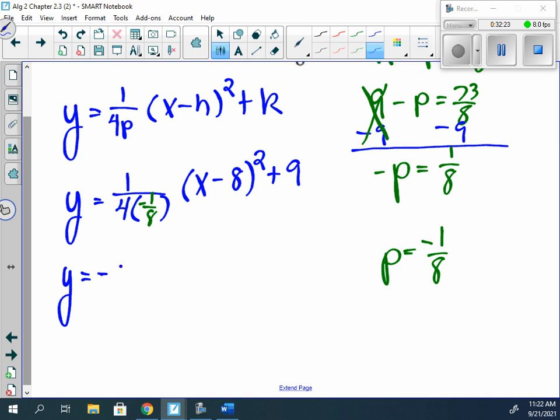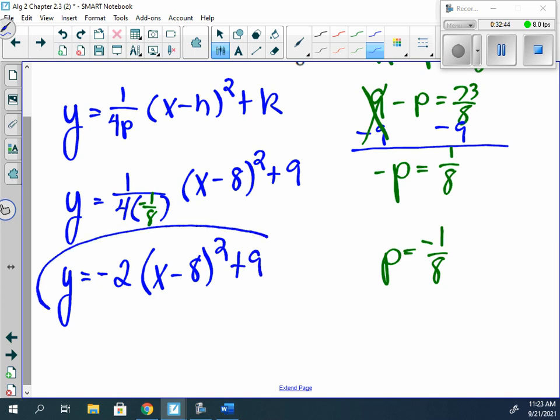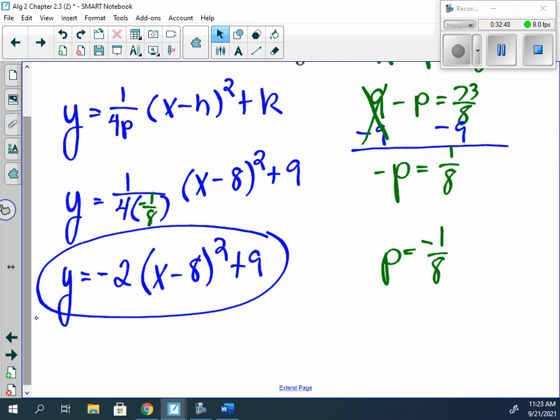Negative 2. Because 4 times negative 1/8 would be negative 4/8. 4 over 8 reduces to negative 1/2. So we have 1 over negative 1/2, which reduces to negative 2. And we have parentheses, x minus 8 squared plus 9. And that right there would be our equation. Questions on this here?